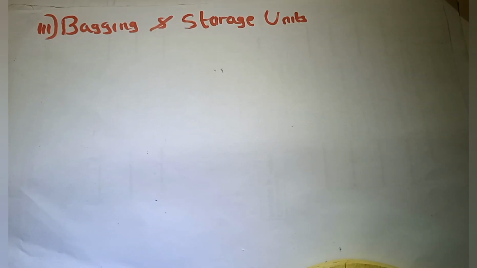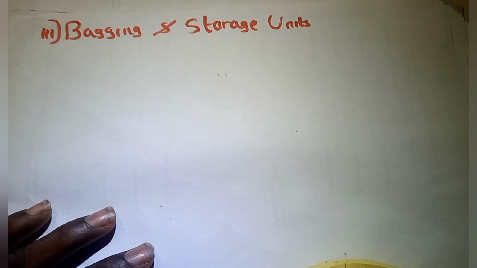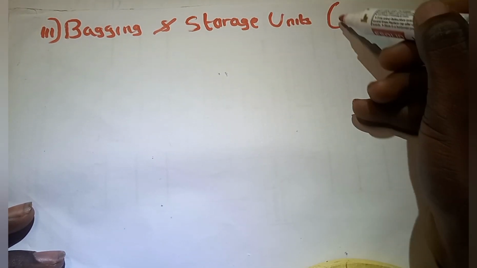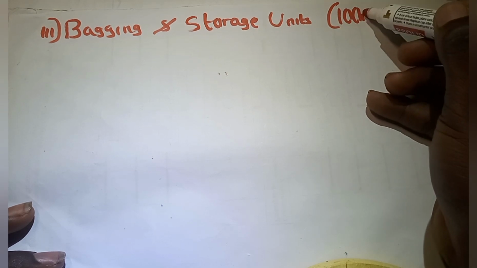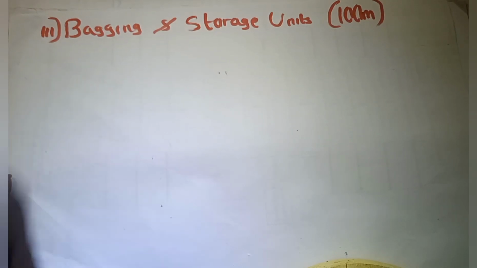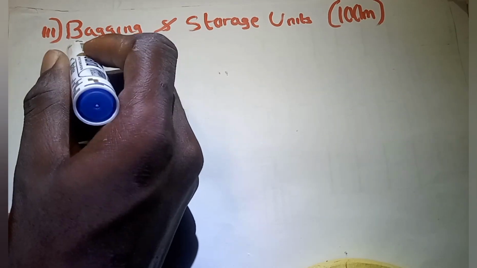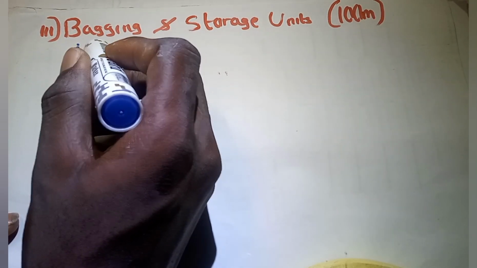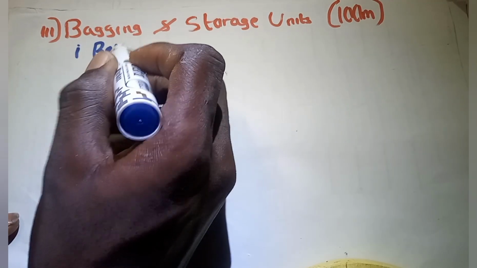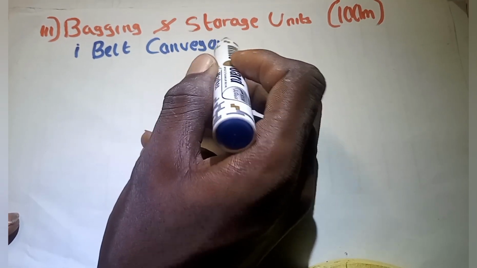If you could recall, the distance is, that should be maybe 100 meter. So it's also within the processing shed. So the equipment that you're going to be using are also belt conveyor. Those are what? Short distance.